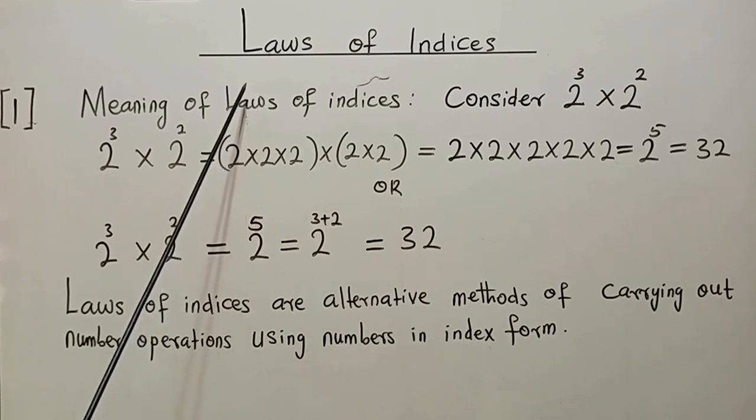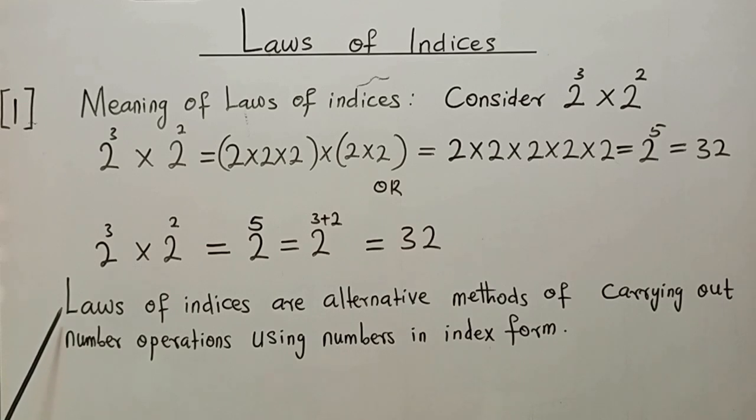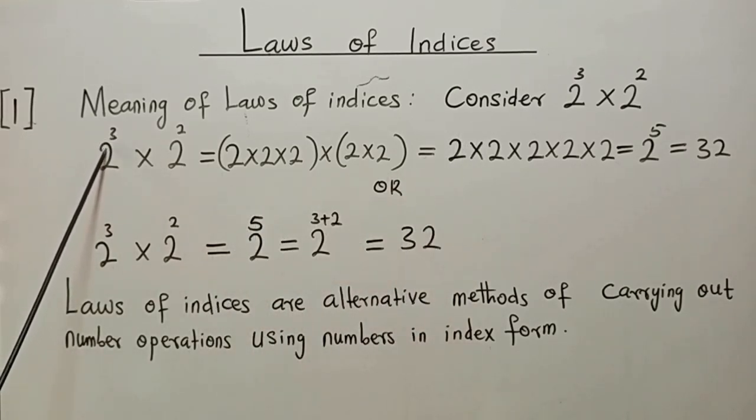With what has happened here, do you get a sense of this statement? It says alternative methods. That is, other methods apart from the traditional method of expanding numbers in the index forms. This is the actual method. The traditional method of multiplying numbers in index forms is like this.